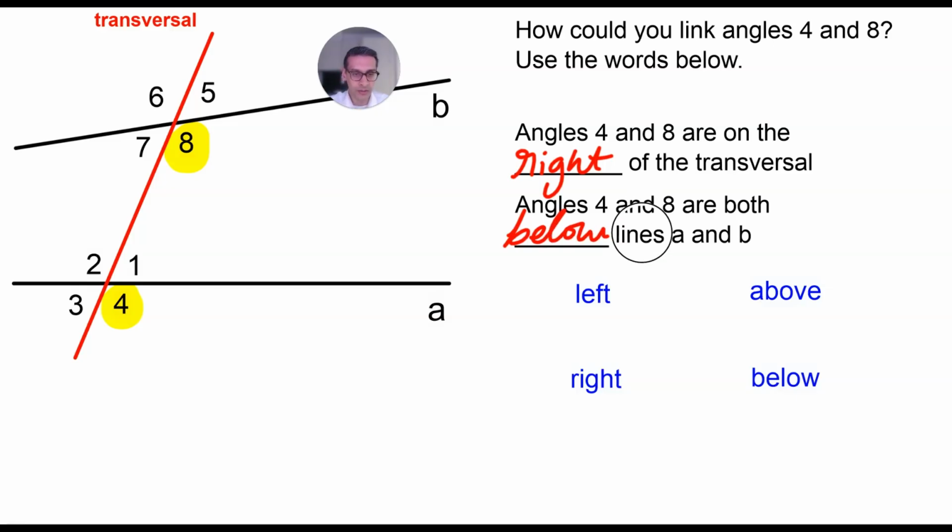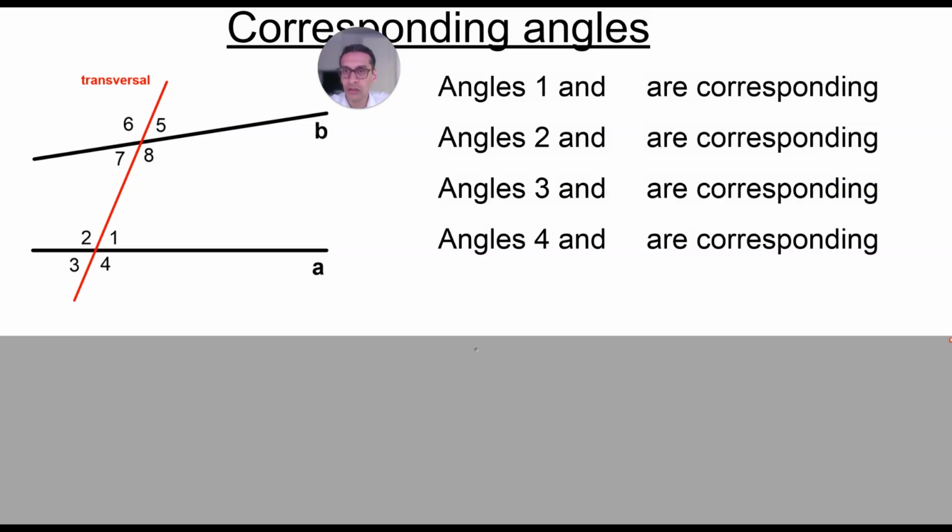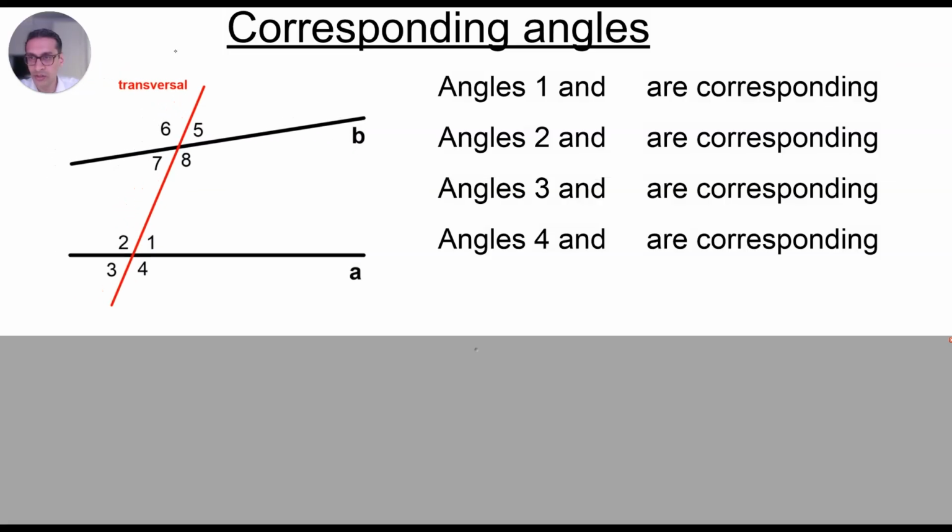And now this is important because what we've been finding here is angles which are corresponding. So corresponding angles have the same position as each other but on a different point. So here angles 1 and 5 are corresponding.